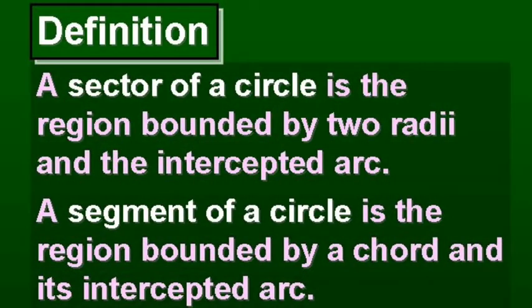Next, what are sector and segment of a circle? A sector of a circle is the region bounded by two radii and the intercepted arc. A segment of a circle is the region bounded by a chord and its intercepted arc. See figures.